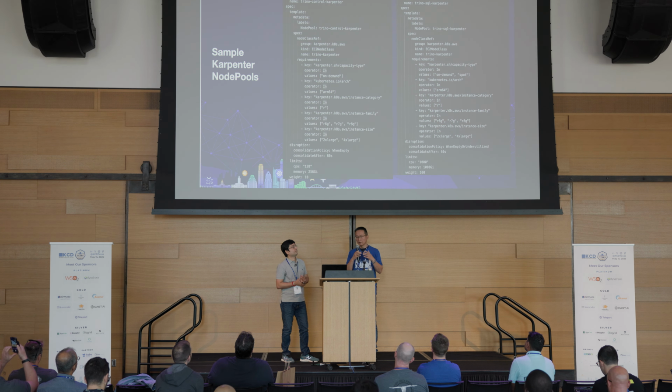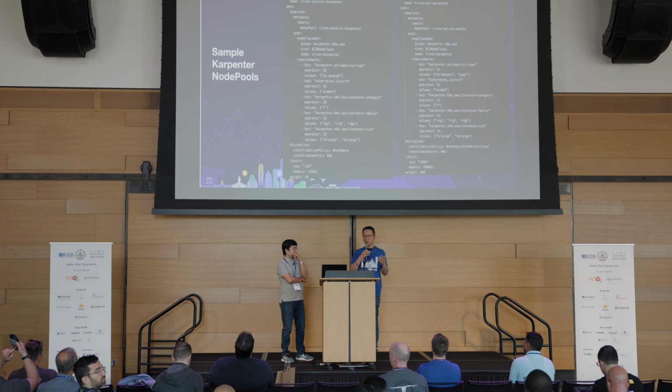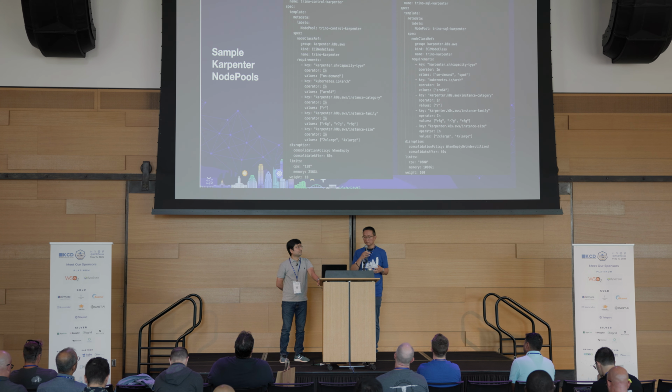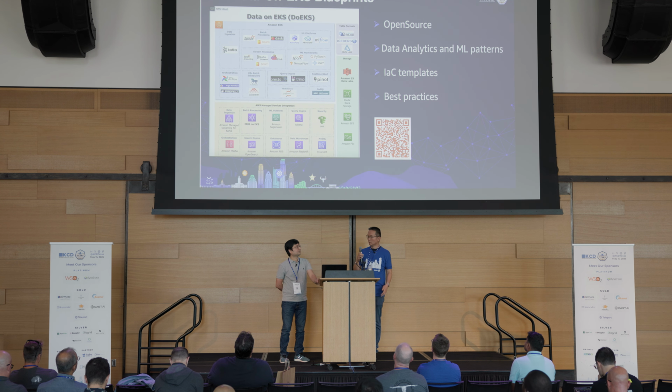We like to consolidate all the nodes when they're underutilized. Like I said, the node pool definition, the manifest, will show all the flexibility Karpenter has, right? You can specify different sizes, different types of instances to be used in each of the node pools.